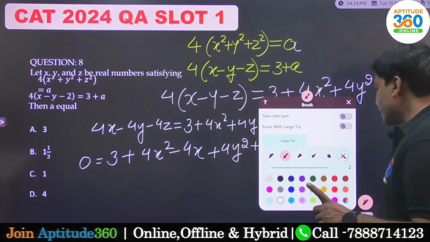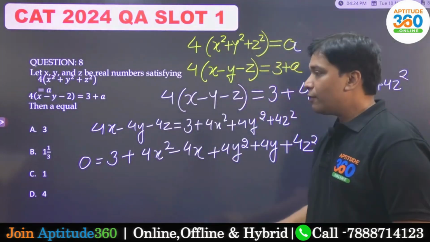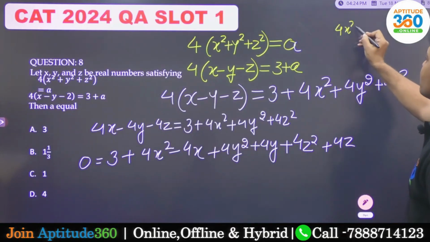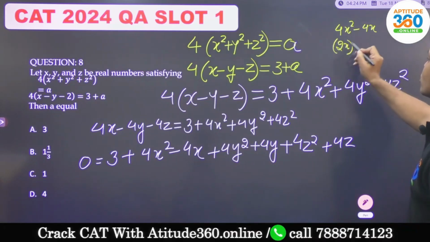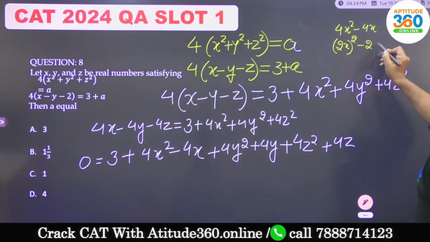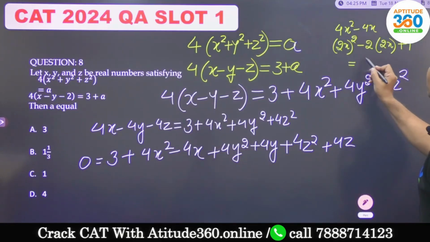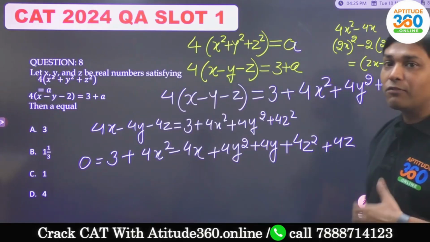I need you to understand one very simple thing out here, which is if you look at 4x square minus 4x. So can I say this is 2x whole square minus 2 times of 2x, and if I have 1 here, it will become a perfect square number, which is 2x negative 1 whole square.